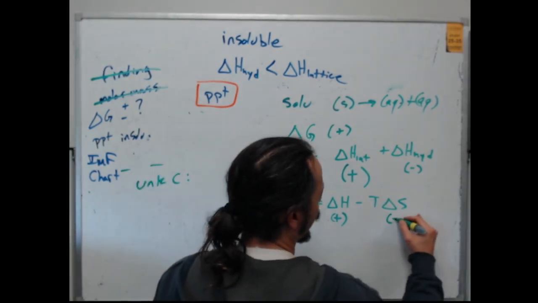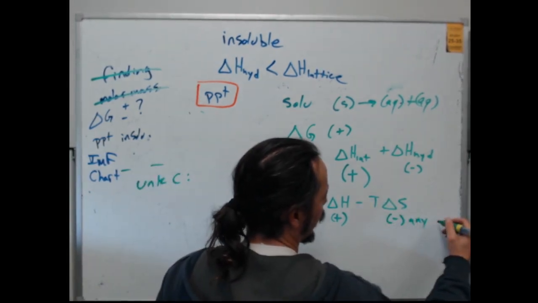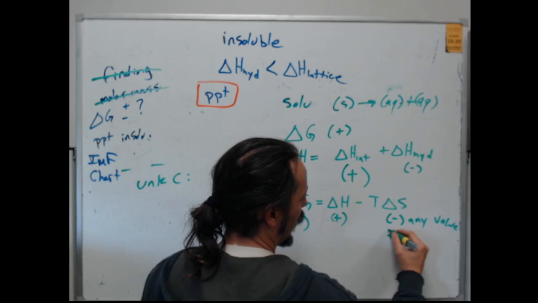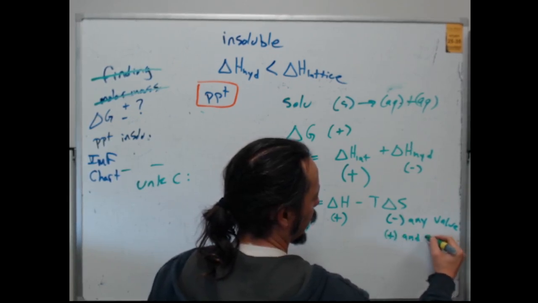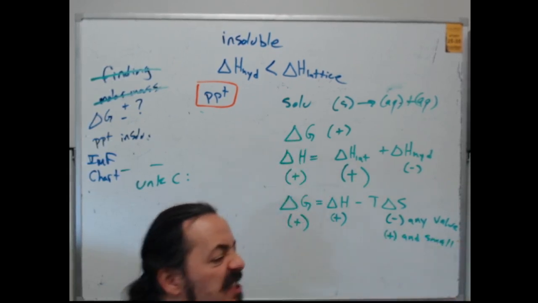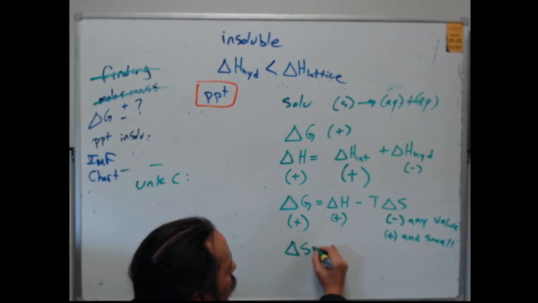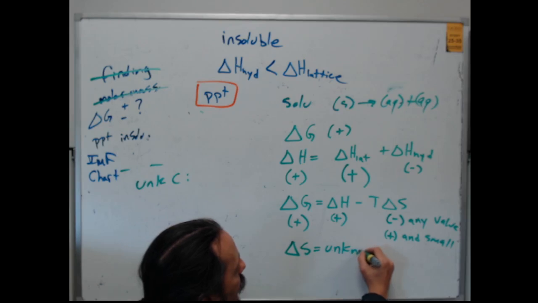It could be negative and any value, or it could be positive and kind of small, right? T delta S needs to be smaller than delta H if my delta G still ends up positive. But it could be negative in any value or positive and small, so I can't tell. Could be big, could be small, could be positive, could be negative, I don't know. So my delta S is just going to be unknown in this case.